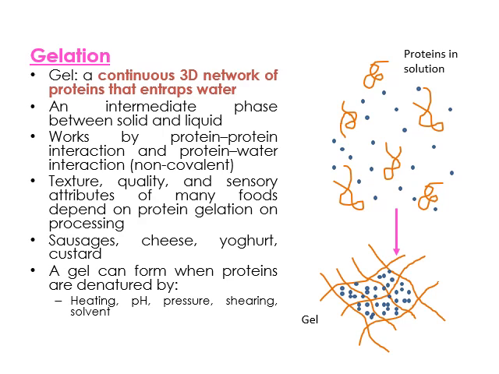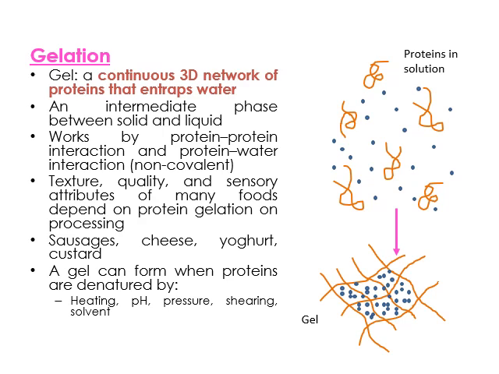This is a continuous 3D network of protein that entraps water. Here, it is an intermediate phase between solid and liquid. It works by protein-protein interaction and protein-water interaction. So what happens is protein in solution, once it is denatured, and you remove the temperature, the protein will want to fold back. But instead of folding back, they will form a matrix and then trap water in between.